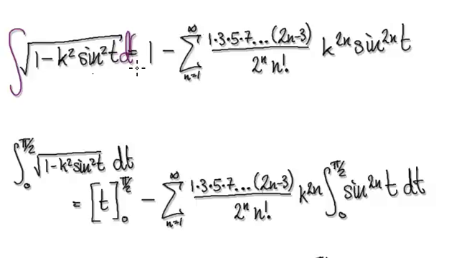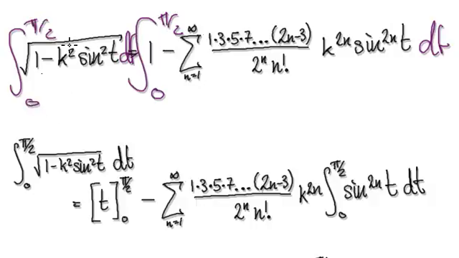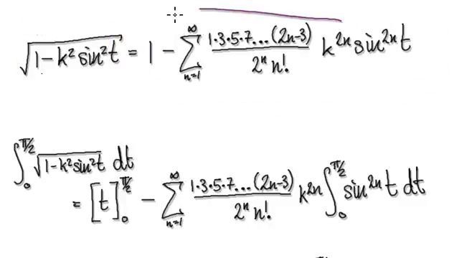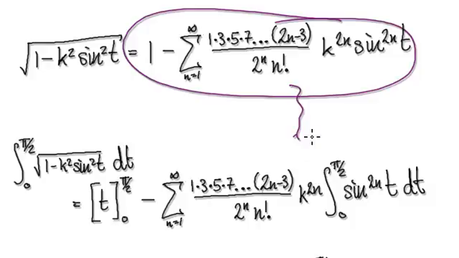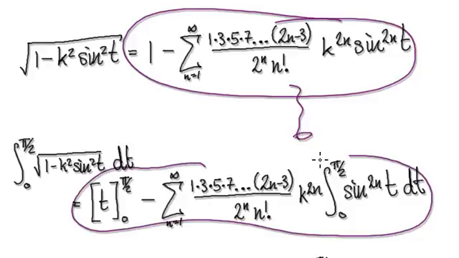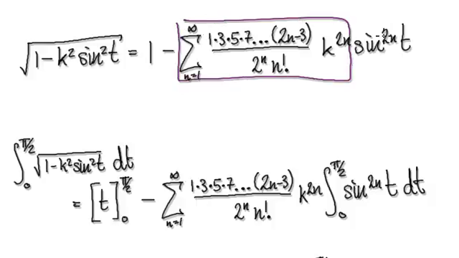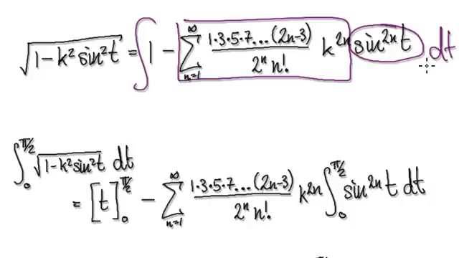So integrate this dt, and then integrate this dt from 0 to pi over 2. Well, integrating this whole thing here would then give us this, because if you look at this, here you've got a summation, and then you've got this sine t thing in here, and remember you're integrating it with respect to t.